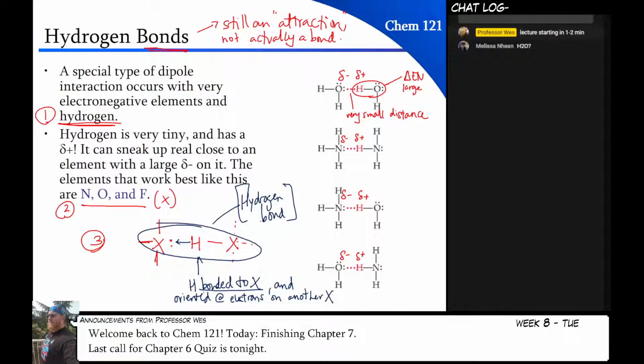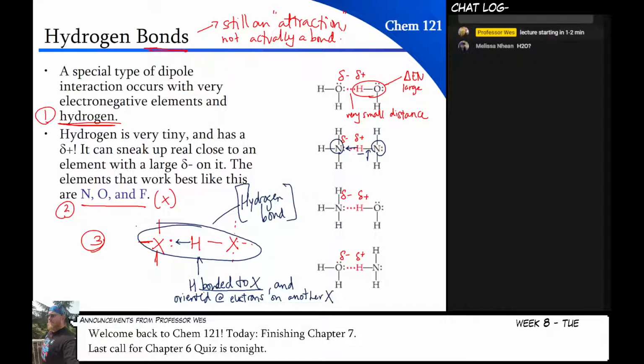And so you can see this criterion in action here. I have H, which is bonded to a very electronegative atom, pointed at the electron pair of another very electronegative atom. Those elements that are allowed to be X are N, O, and F. You cannot pick any other elements because their electronegativity is either not high enough or they're not small enough.